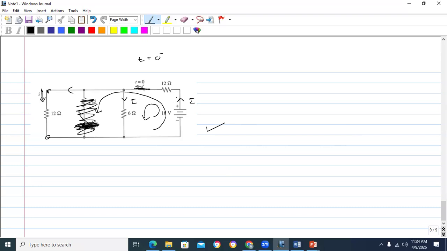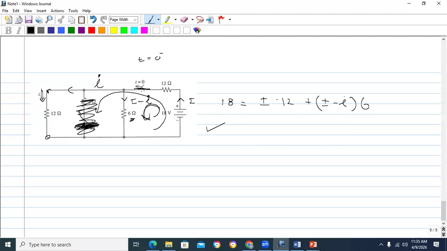Let's say that this current is I, and this current is small i. So this current will be I minus small i. If you apply Kirchhoff's law, then 18 volt is equal to I into 12 plus (I minus i) into 6. This is when I apply Kirchhoff's law in this loop.